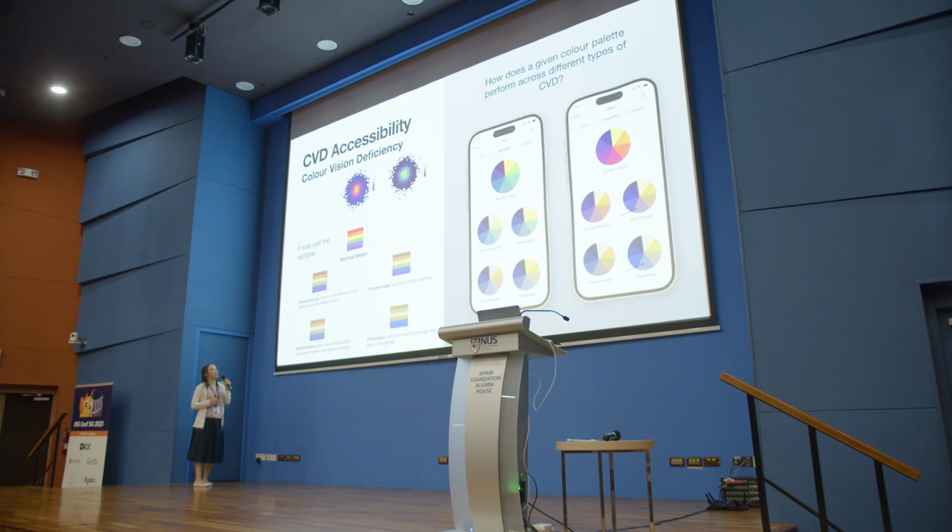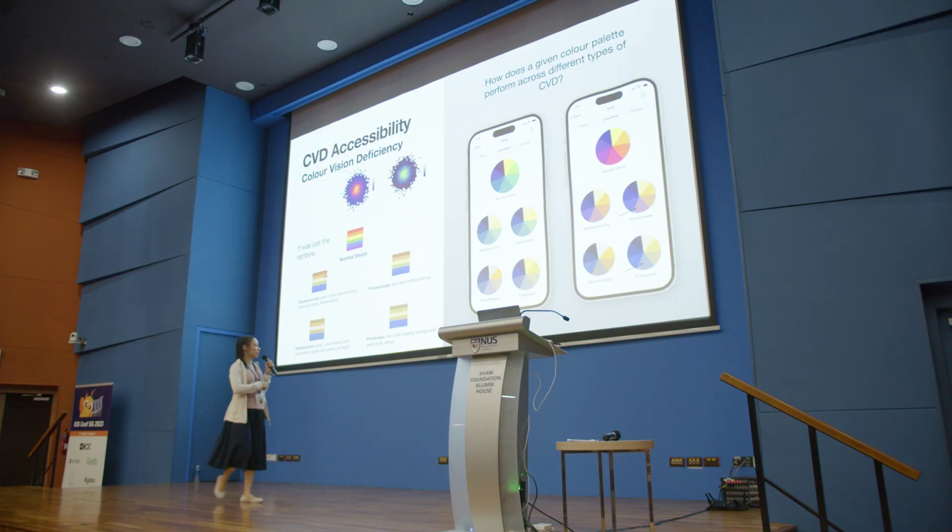So what I'm showing is, we have the typical rainbow: red, orange, yellow, green, blue. That's how it appears with normal vision, and then if we look at how it appears under different colorblind conditions, we can actually see that you lose a lot of the information, a lot of the details are lost.